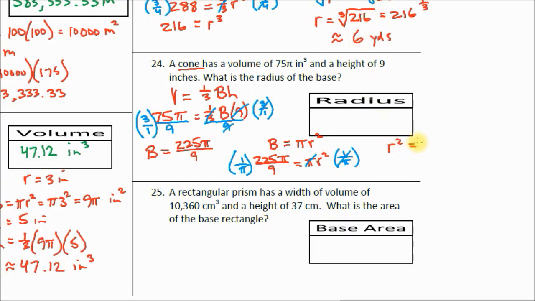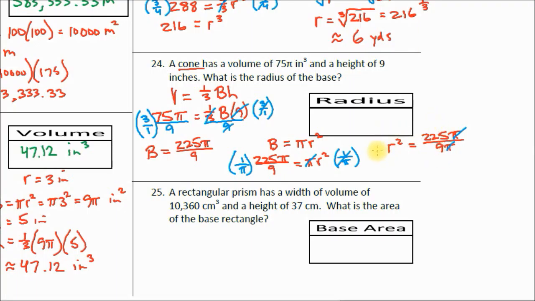R squared is equal to 225 pi over, that's 1 times 225 pi, and then pi times 9 is 9 pi. Now this works out pretty nice, class. Take a look. The pi cancels. And now I have r squared equals 225 divided by 9.